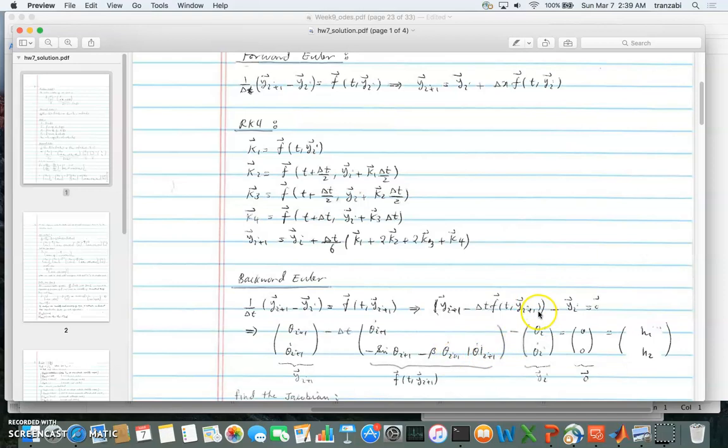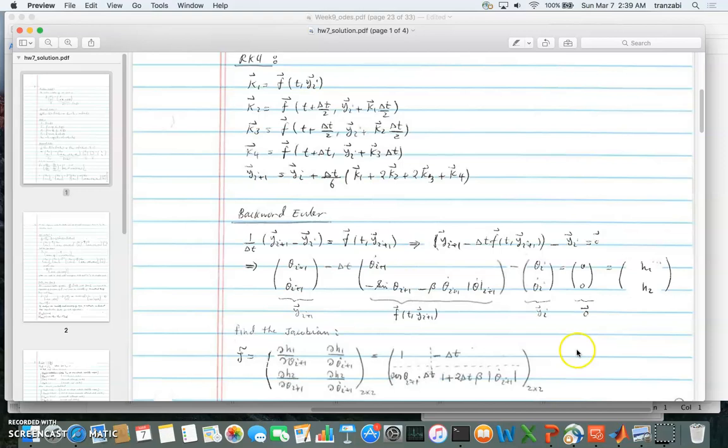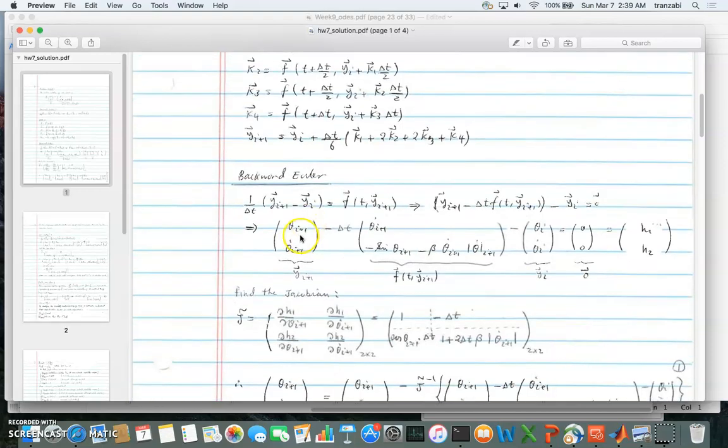That's this piece, and then minus y i, which is going to be theta i and theta dot i, and that's equal to vector 0. The goal here is to solve for the highest index variables, which means theta i plus 1 and theta dot i plus 1.